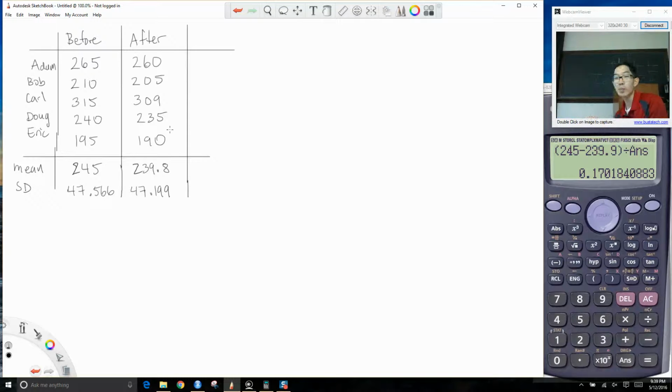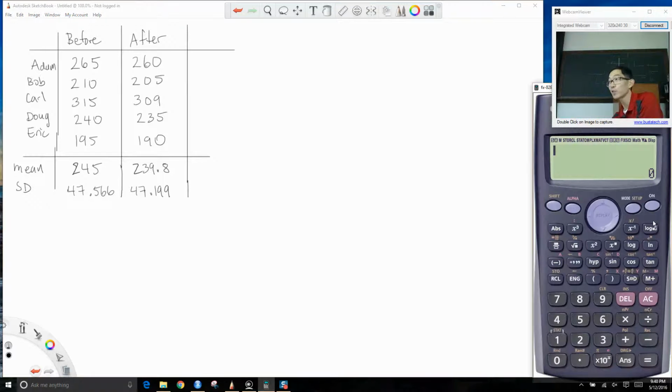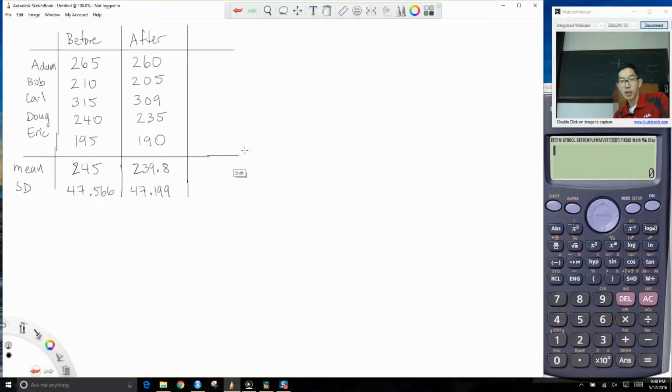What's happening is that if you aggregate them all together and treat them as independent samples, then the average difference of about 5 pounds or 5.2 pounds gets lost among the individual differences, okay? But if we take into account everyone's starting weight and their ending weight, then this will work, okay? So what we do is we create a difference column.